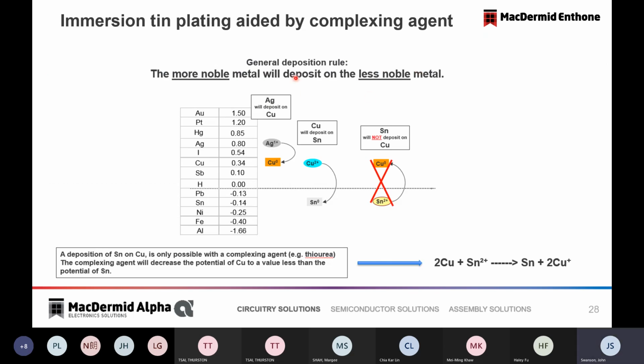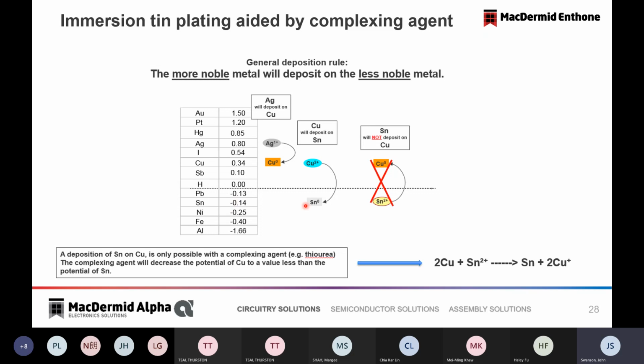Immersion tin plating is aided by a complexing agent. If we consider displacement or immersion reactions, one example is silver, which is a more noble metal than copper, and it will naturally and very easily displace the copper and plate onto the copper surface. Tin is not a more noble metal than copper, so normally it would not easily plate in an immersion reaction onto copper.